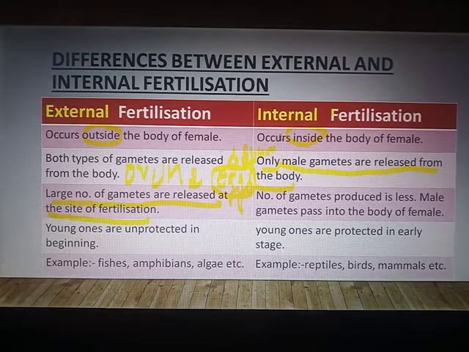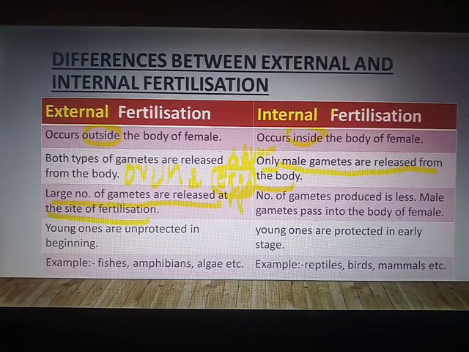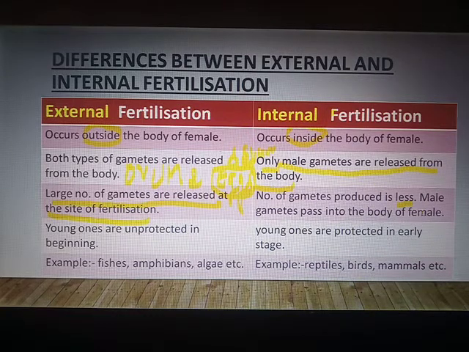But in internal fertilization, the number of gametes produced is less because male gametes pass into the body of the female, so it also enhances the chances of fertilization. Enhanced chances means high chances of fertilization, but in external fertilization there are low chances, so the gametes are produced in large number.